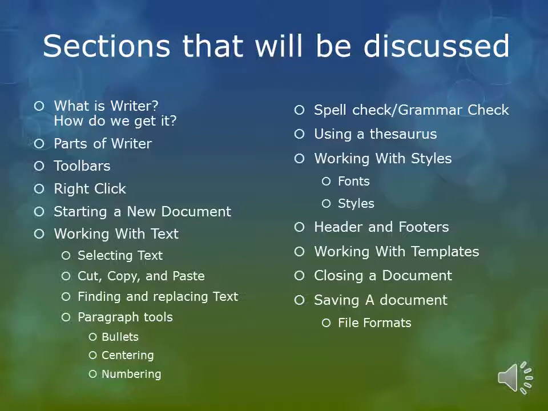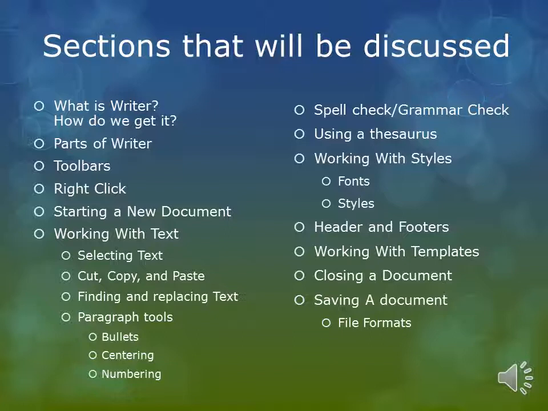So these are the sections that we're going to be discussing during class today. What is Writer and how do we get it? The parts of Writer, our toolbars, right-click and all the features affiliated with right-click, starting a new document, working with text, which would be selecting our text, cut, copy, and paste, finding and replacing text, and then paragraph tools, which would be your bullets, centering, and numbering.